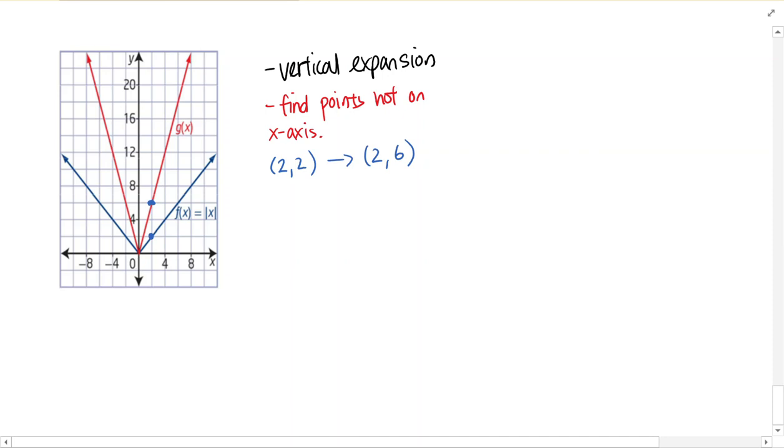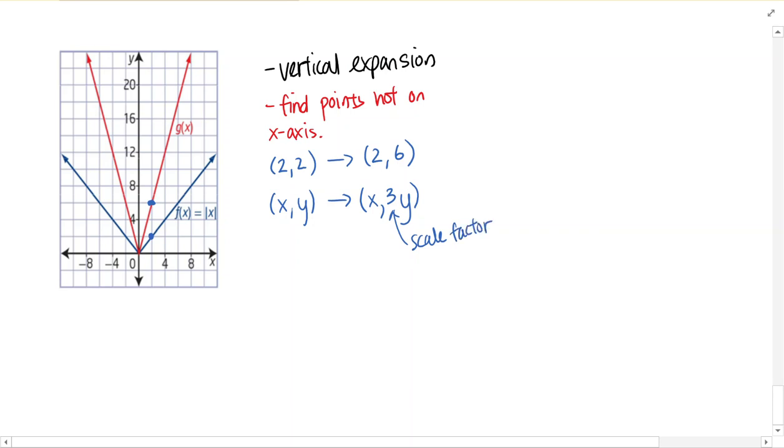Since we know this is an expansion, x, y is now x, since 2 did not change. And we know the relationship between 2 and 6 must be multiplied. So it's something times y. If y equals 2, then 6 is 3y. So we know that 3 is our scale factor for the expansion.